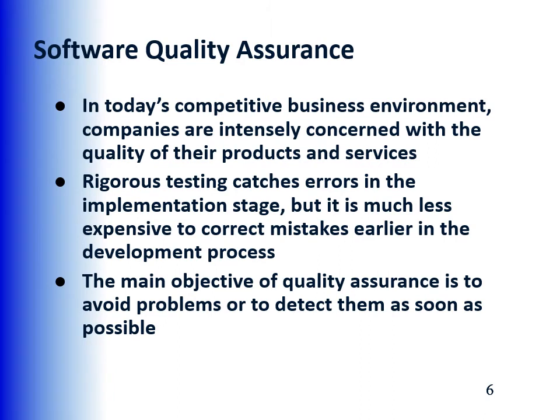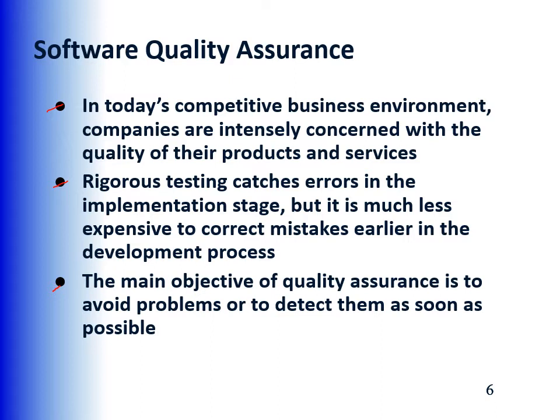Software quality assurance. In today's competitive business environment, companies are intensely concerned with the quality of their products and services. Rigorous testing catches errors in the implementation stage, but it is much less expensive to correct mistakes earlier in the development process. The main objective of quality assurance is to avoid problems or detect them as soon as possible.